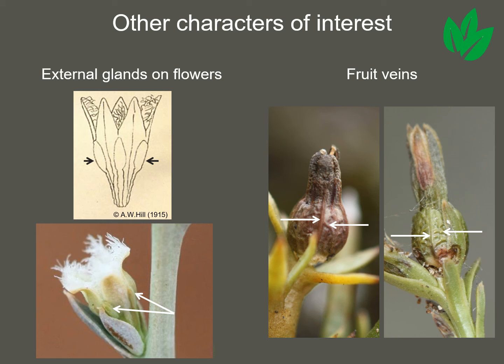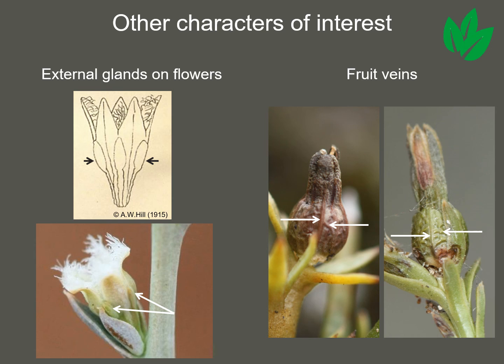Then there are a few characters that you might come across in some of the identification resources. The reason why I've added them right at the end is because we have found these characters to be very variable, sometimes up to the point where they're no longer useful in distinguishing between species.